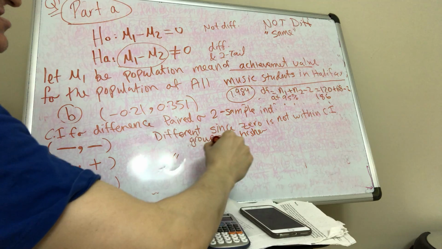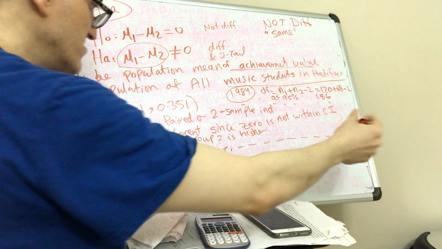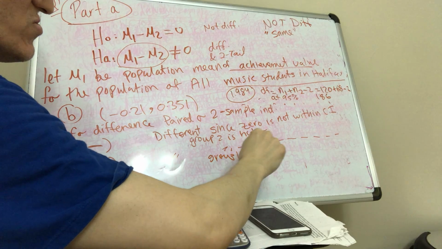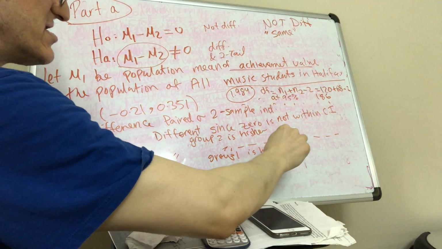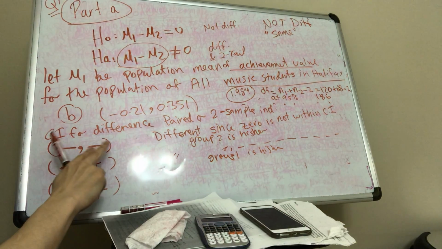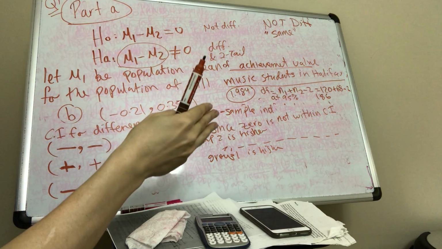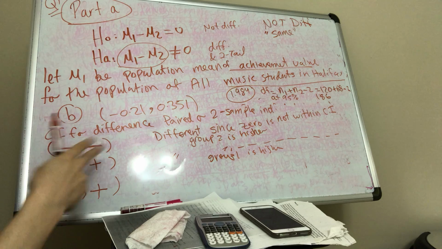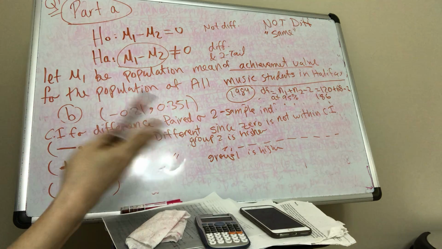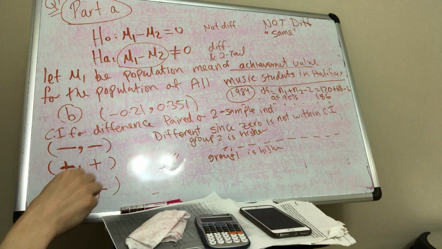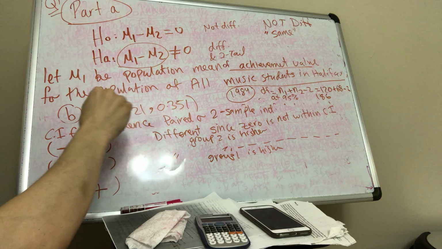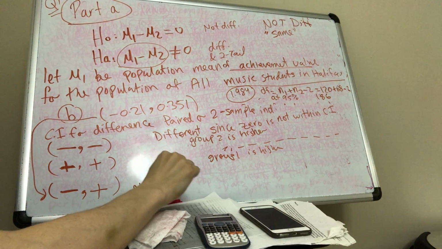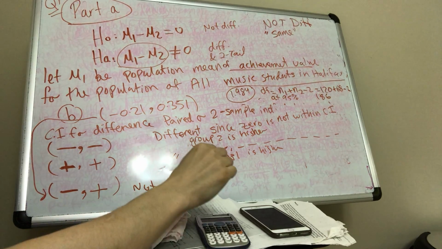Positive also means different. 0 is not within. Group 1 is higher. So basically, if the difference is between two negative numbers, you're not going to go through the 0, so they must be different. Between two positive numbers, you're not going to go through the 0, so they must be different. But negative, positive, and that's the case you have, they're not different. They actually could equal each other.